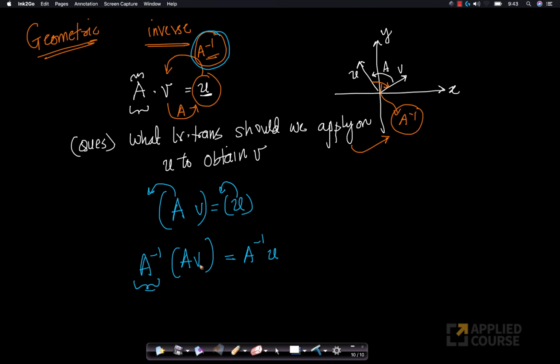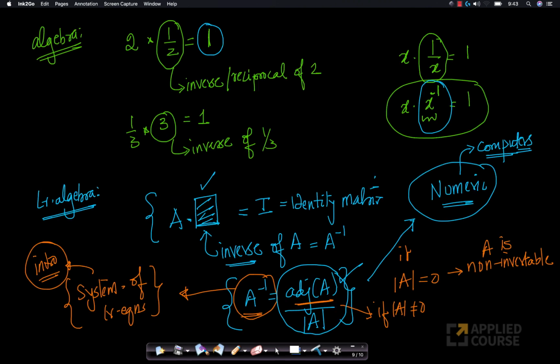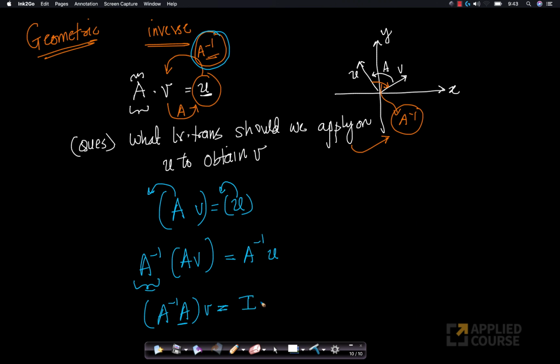Now from the properties of matrix multiplication, we know that A inverse AV is the same as A inverse A into V. From the definition of A inverse, A into A inverse equals the identity matrix. So this is nothing but I into V. What is I into V? It is V itself, because I is an identity matrix. So V is equal to A inverse U.